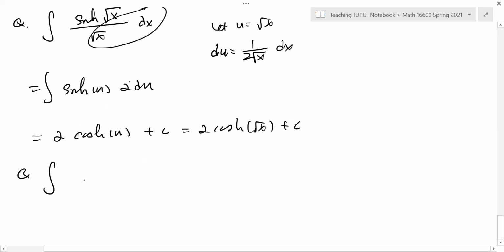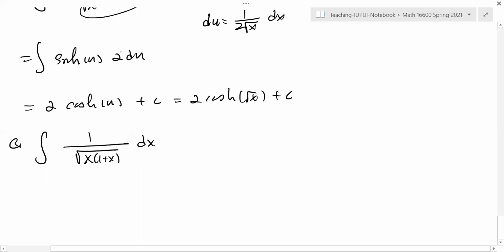Let's try this, okay? So that is going to be the integral of square root of x times 1 plus x, dx. Wow, this looks like a pretty complicated problem, right? And we never heard that before. So then the substitution is pretty tricky.